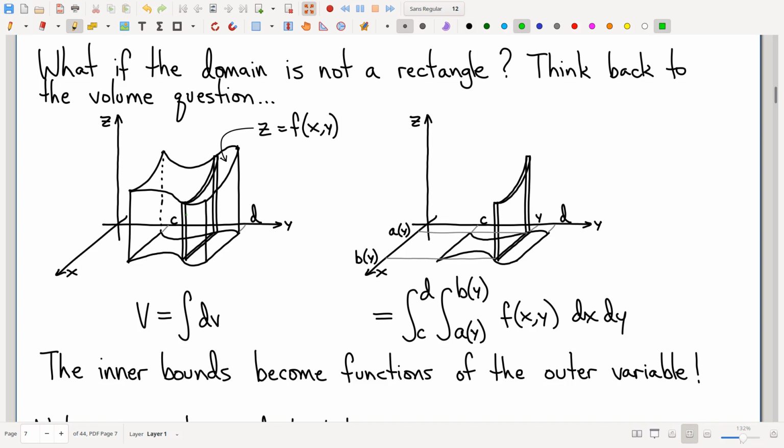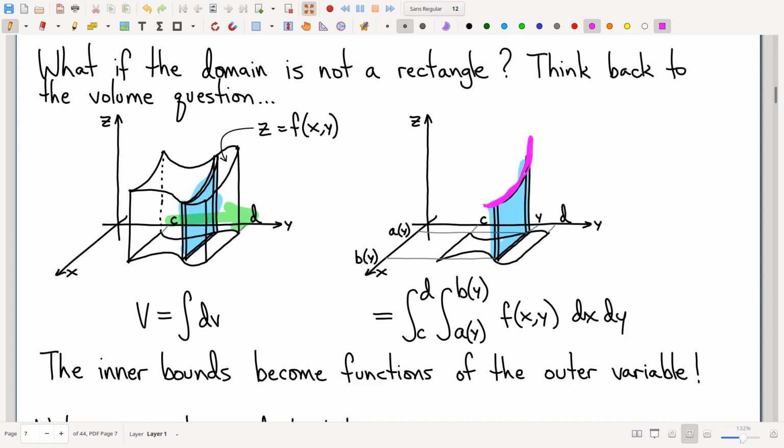So it remains that we'll be looking for a range of values of y, as y goes from C to D. We'll be looking at individual little slices of bread, as I like to call them. These little slices, it remains, will be cross-sectional area times thickness, just like in the previous case. It remains that those cross-sectional areas will be areas under a curve. It remains that that curve is a graph.